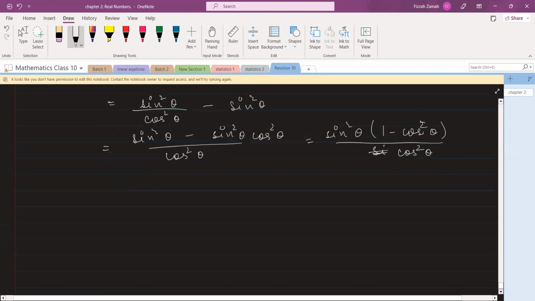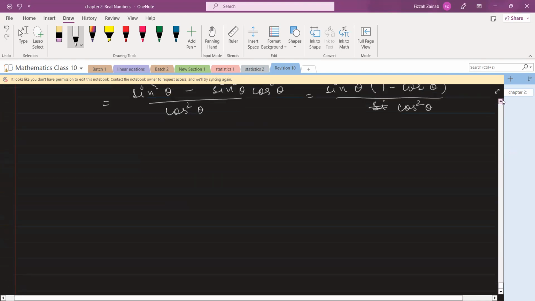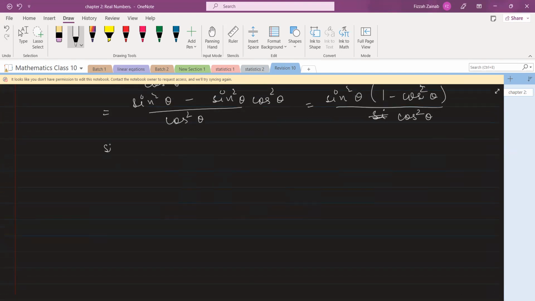Sorry. So you have here sine square theta. 1 minus cos square theta is again sine square theta. All right. And then you have cos square theta.